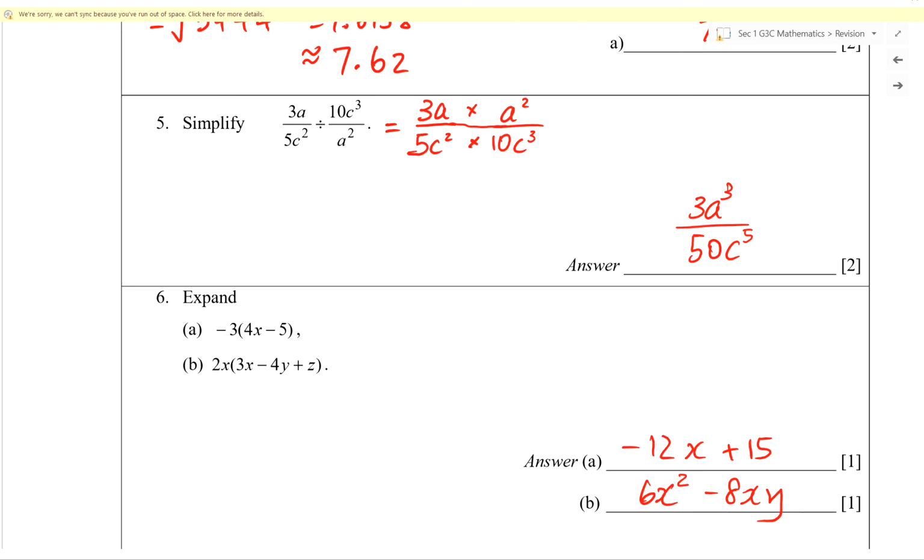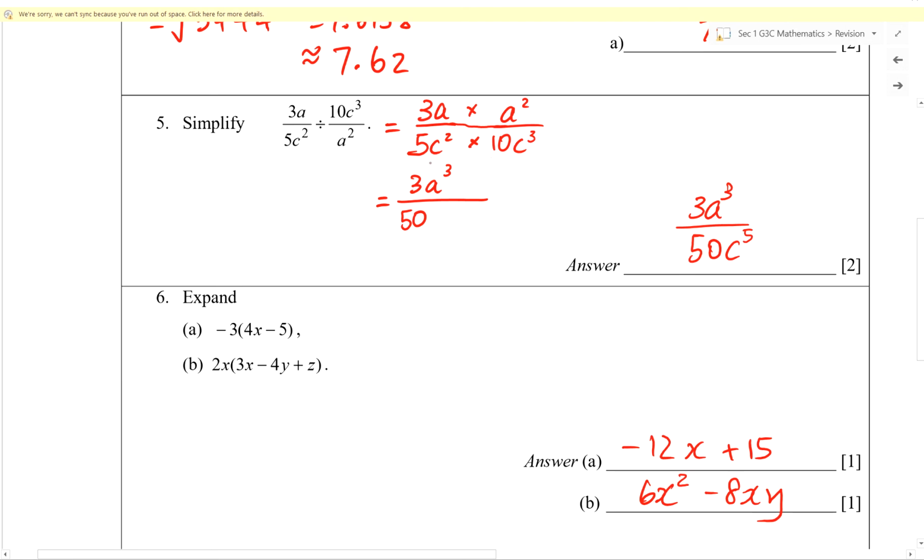So over here, we end up with, in the numerator, 3 times A times A times A. So we have 3A cubed in the numerator. In the denominator, work with the numbers first. 5 times 10. So we get 50. Then we are left with C squared and C cubed.